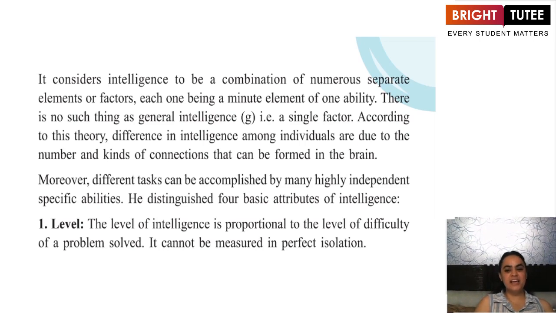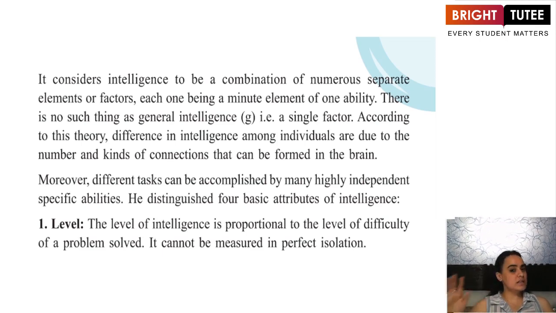There is nothing as general intelligence or a single factor theory. He totally discarded that. According to him, people had differences that could be compared with other people also, and the differences existed between them as well. So, internal as well as external differences did exist, which separated them from the others.